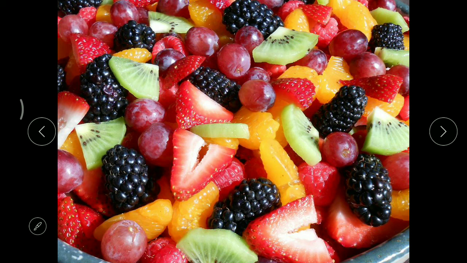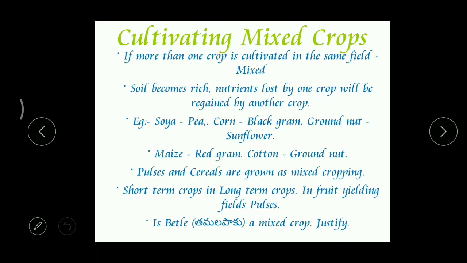So here are we using only one variety of fruit or many varieties? Yeah, many. So we are mixing. In the same way here also, when the farmer grows more than one type of crop in the same field, at the same time, then we call that a mixed crop.